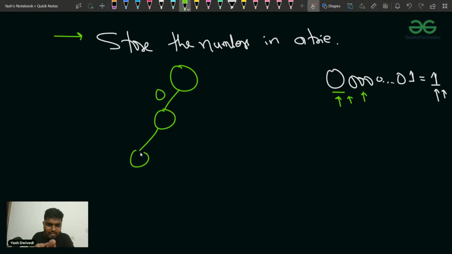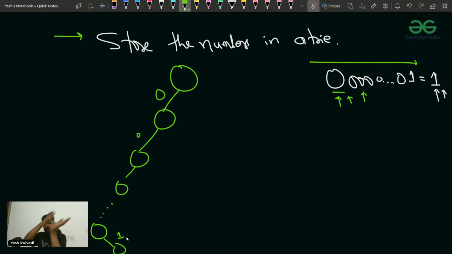When inserting into the trie, we insert the number from the most significant bit to the least significant bit. So a lot of 0 children get inserted, and at last one child gets inserted as 1, the right child. This is how you represent a number. One by one the numbers will get stored.